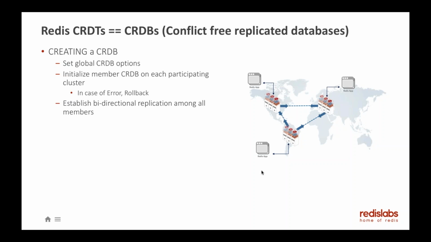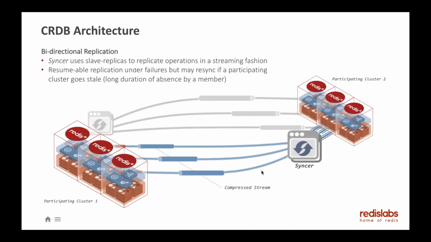So you see 3 applications that are locally connecting and writing and reading from the local databases in this picture. Now, all of this magic happens with this bidirectional replication that we set up, and we use a component called Syncer that manages the bidirectional synchronization that we do. Now, Syncer's responsibility is to send an effective stream across the WAN that is compressed and effectively communicates the incremental state changes that are happening in these types.